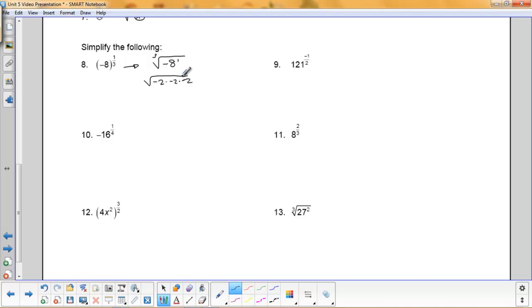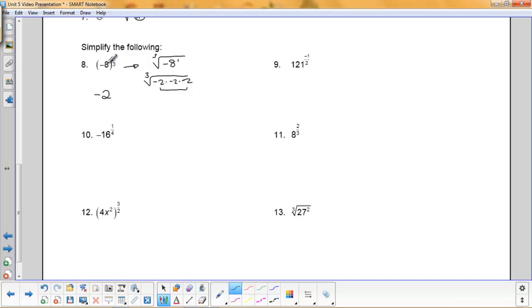So it kind of goes back to that tree diagram we were doing before, where you'd break this number down and then simplify it. Well, remember before we were just using square roots. Now we're going to be using different index numbers. So you're going to have to find a perfect cube this time. And so since I have 3 of them, they come out as a single number. That's going to be -2.